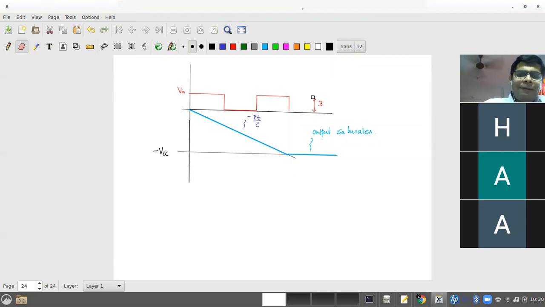Now what would the output be? Somebody? From that point, it will become a constant. Then the same thing, like a slope. The same thing will happen, right? Then you'll have a line, then you'll have a flat, and so on and so forth.